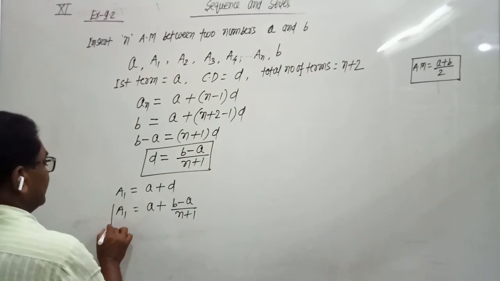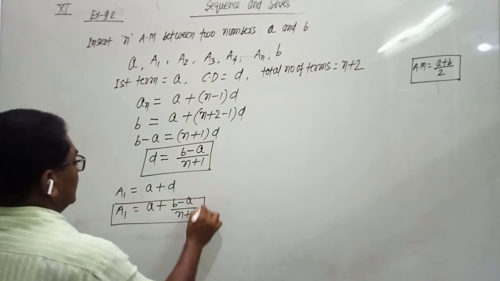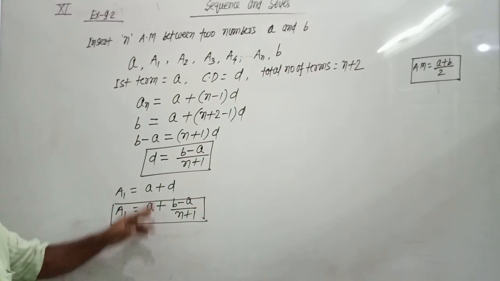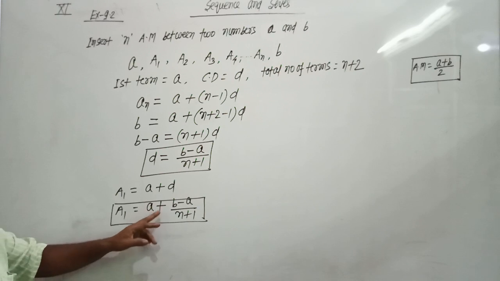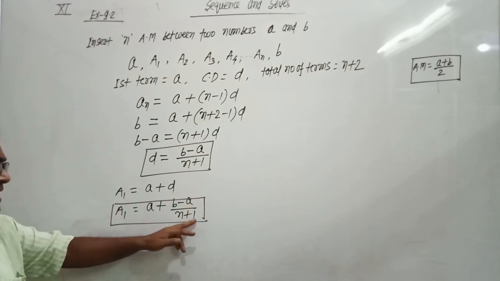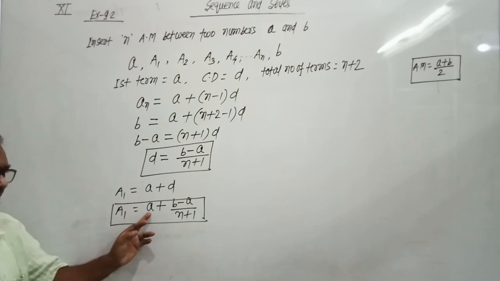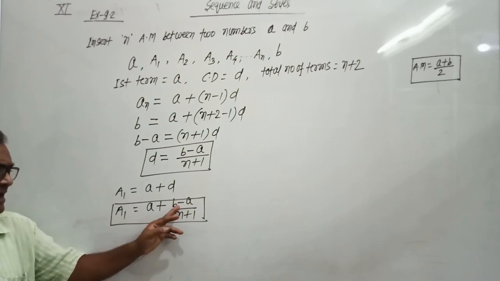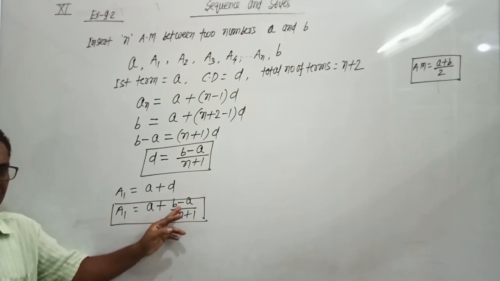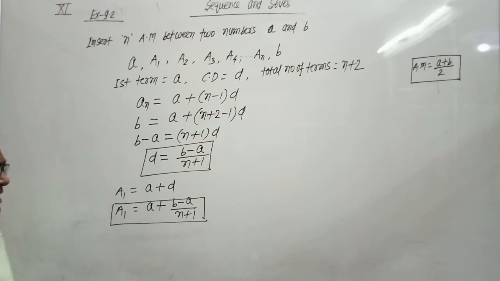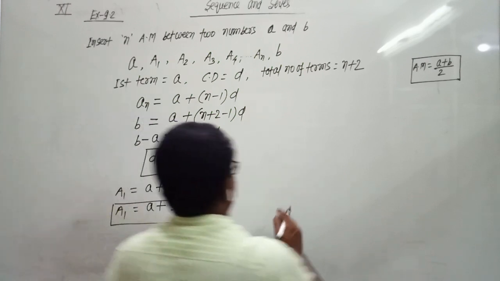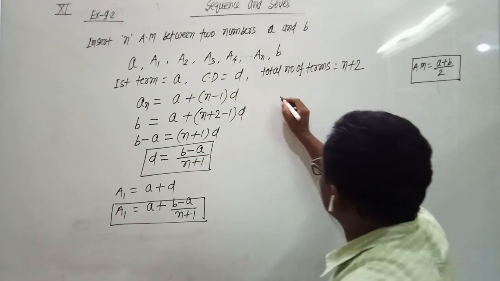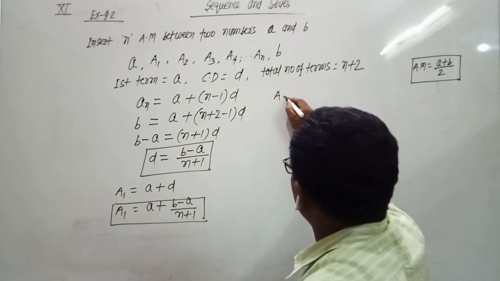So the first arithmetic mean A1 is A plus (B minus A) upon (n plus 1), where A is the first term, B is the last term, and n plus 2 is the total number of terms.